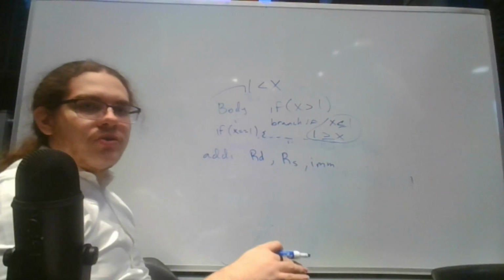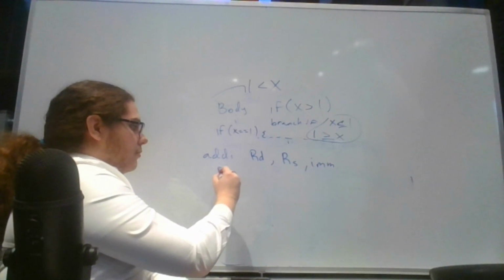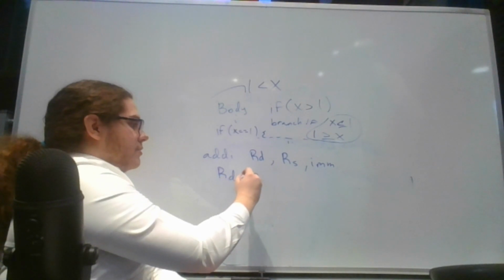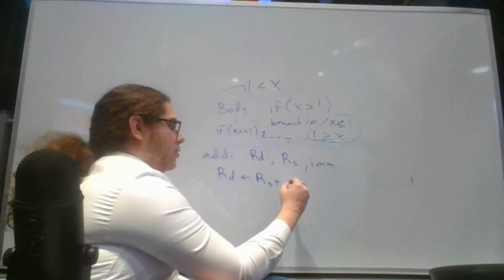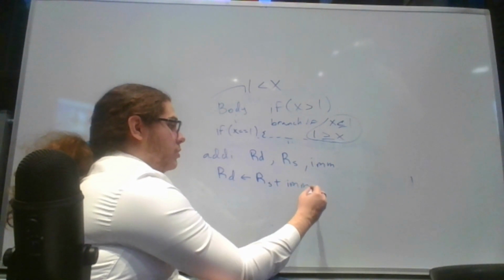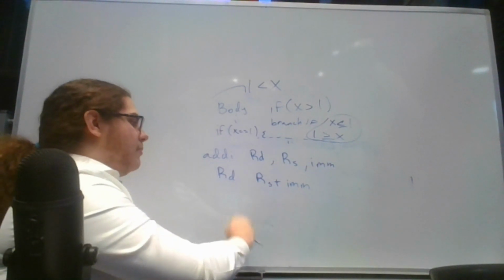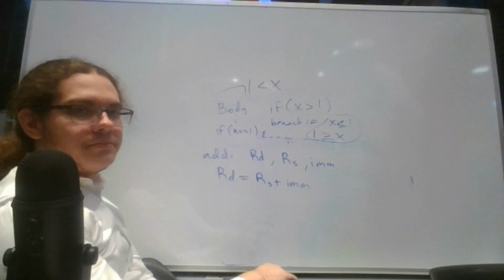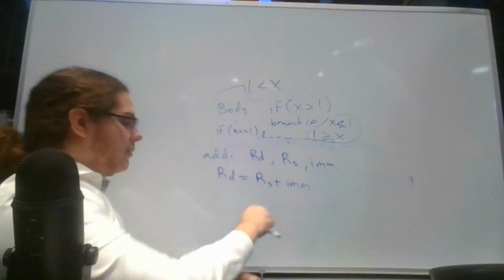What this translates to in equation form is the following: RD receives the value of RS plus your immediate. So what you said is correct. And if you were to type it in high-level code, you would type it like this. So this in assembly and that in high-level code mean the same thing.